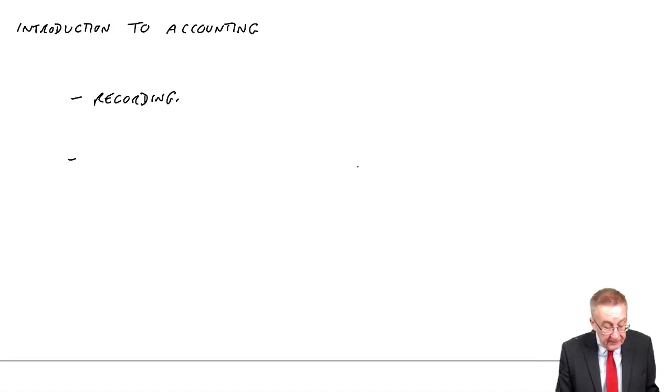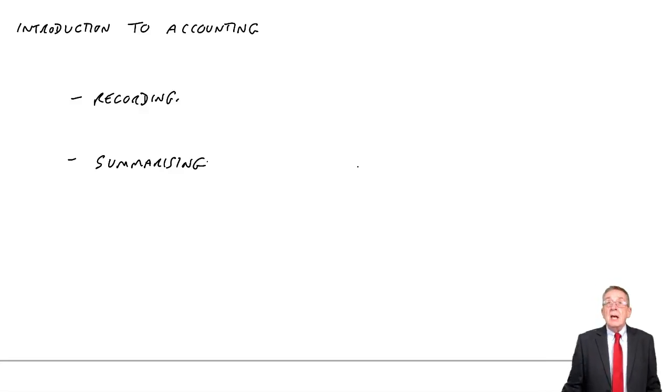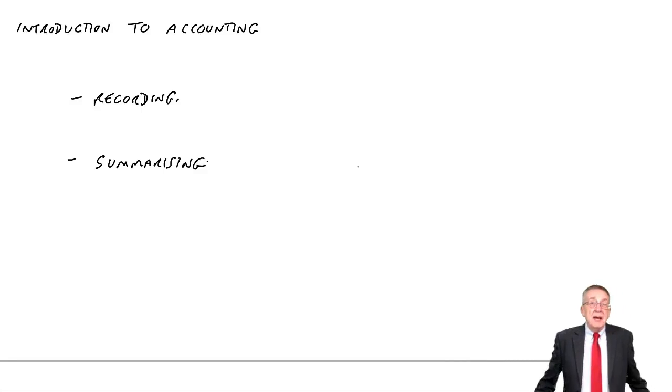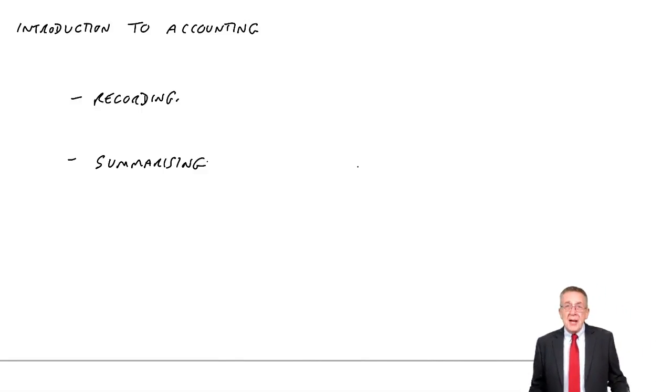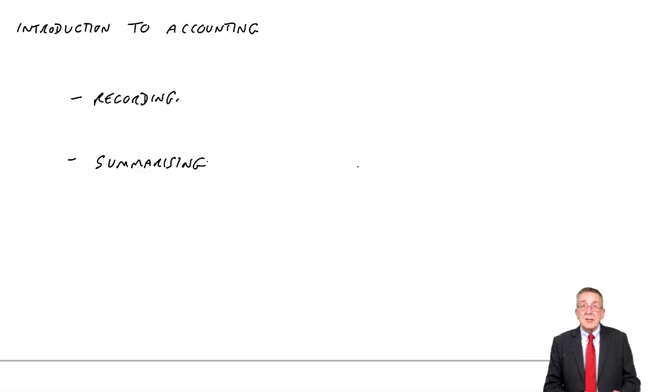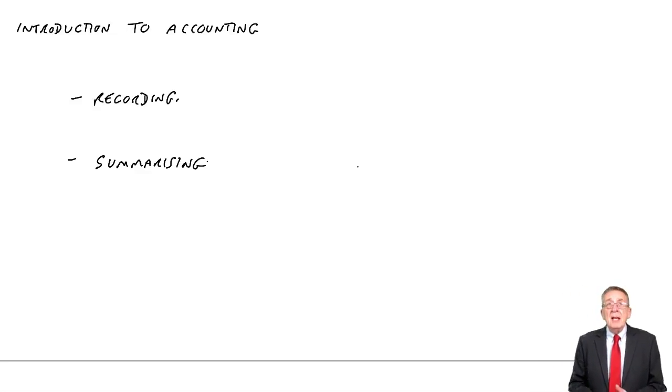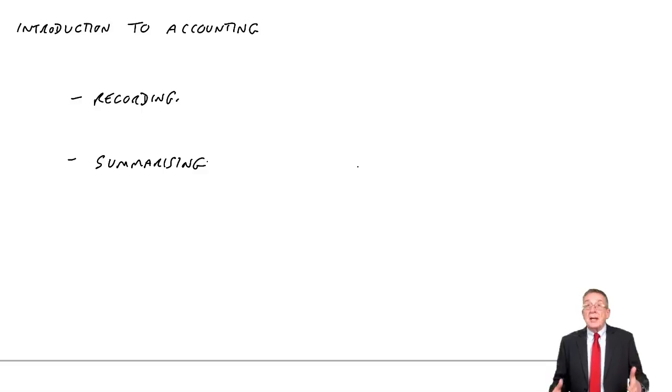But the second thing is summarising. At the end of the accounting period, the end of the year, we're required to produce various statements. For instance, a statement of profit and loss, where we're showing how much profit the business has made.